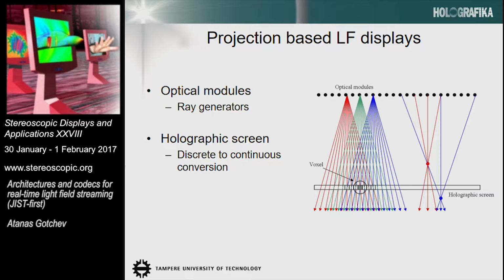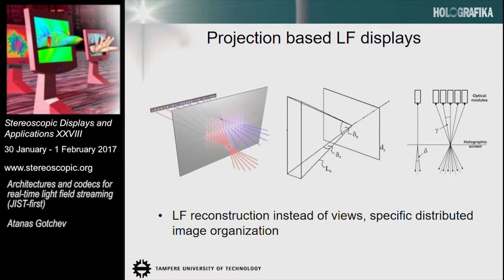So we put optical modules, essentially projectors, with certain spatial resolution, and they emit their rays, which recombines at some plane, where we put what Holographica called holographic screen, which is essentially a diffuser which keeps the direction of each ray, transforming it into a tiny beam in horizontal direction and wide beam in vertical direction to maintain the horizontal parallax.